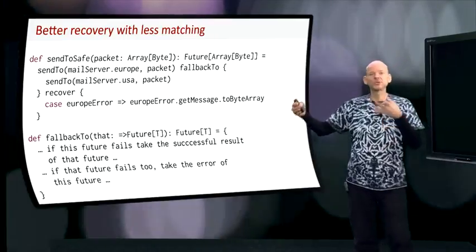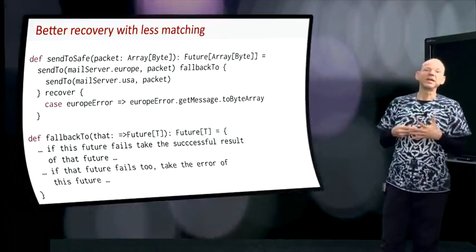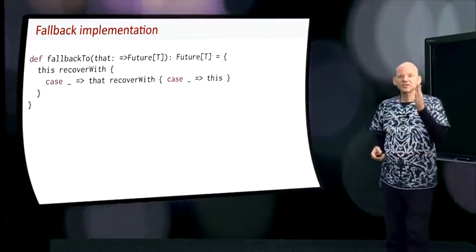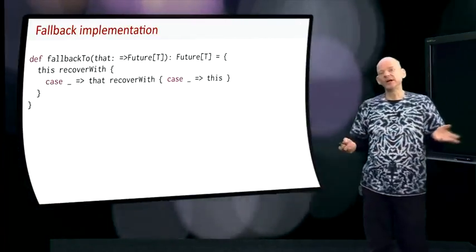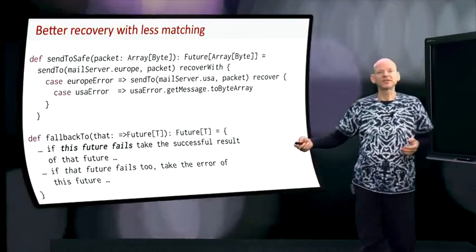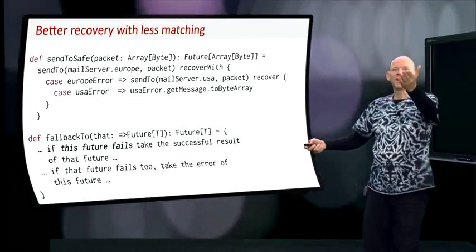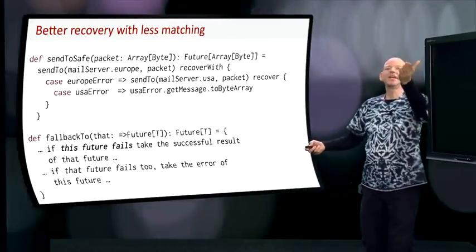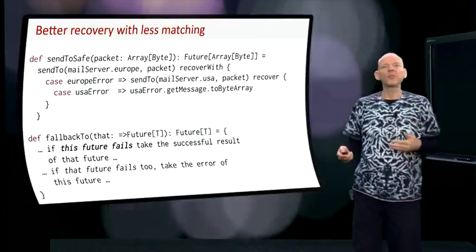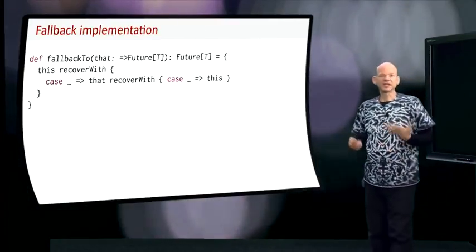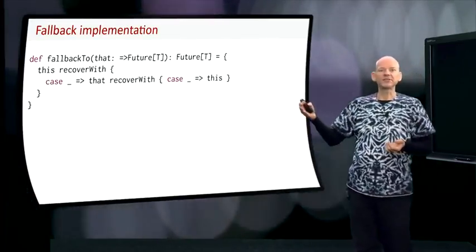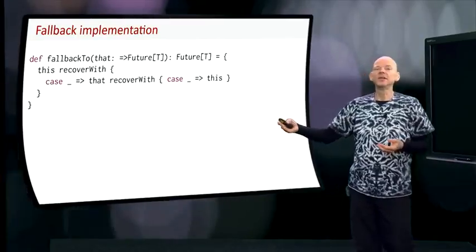All right, so this looks much better. So this fallbackTo is a very nice combinator that's very useful. So how are we going to implement that? Well, it's surprisingly simple. You could have noticed it yourself when we looked at this code here, because instead of getting the US error, we would just return the Europe error. So fallbackTo is simply defined as this recoverWith.